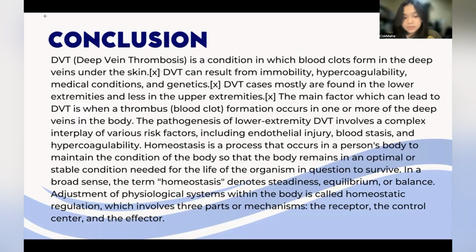In a broad sense, the term homeostasis denotes steadiness, equilibrium, or balance. Adjustment of physiological systems within the body is called homeostatic regulation, which involves 3 parts of mechanism: the receptors, the control centers, and the effectors.